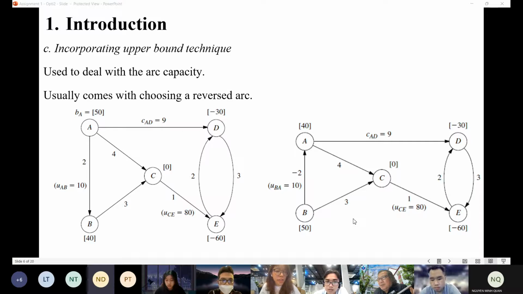It is less than or equal. What is less than or equal? The XAB is less than or equal to UAB.